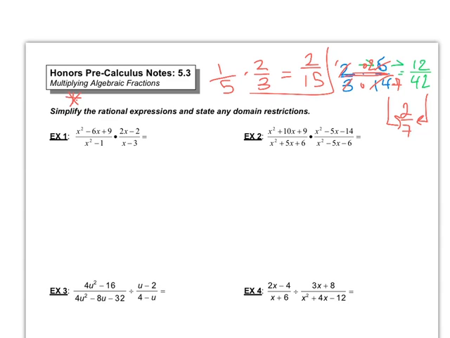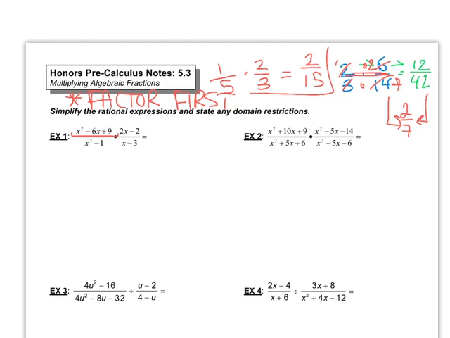So before we even do the multiplication, you are always going to want to factor first. That will make it easier for you. Factor first.